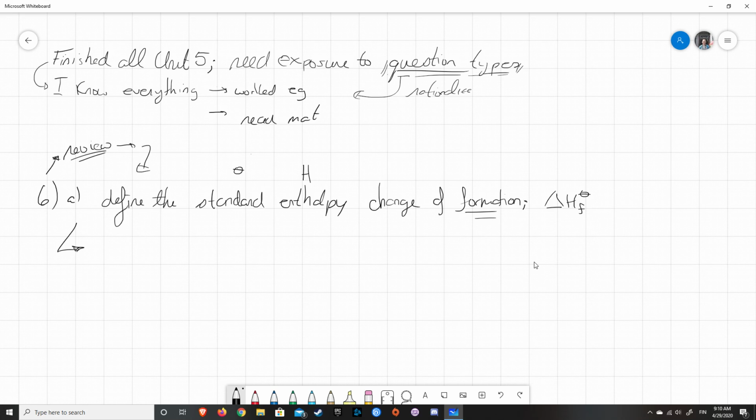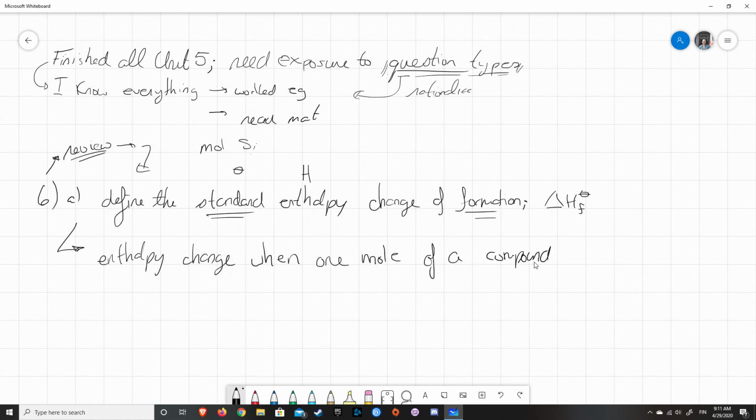So the standard enthalpy change of formation is the enthalpy change when 1 mole of a compound is formed, and standard was in a standard state. We were talking about moles because moles are our SI unit.